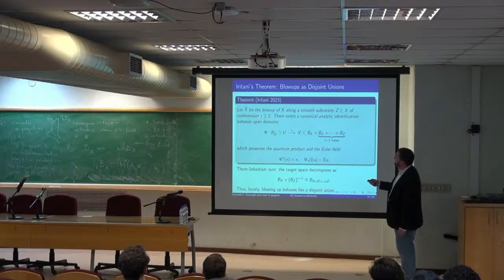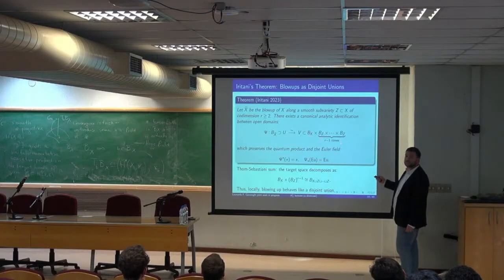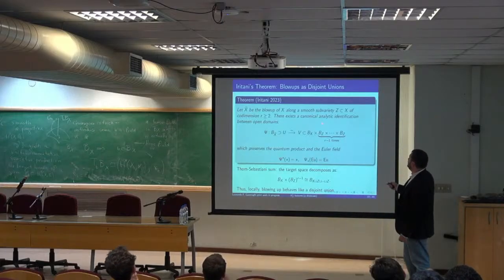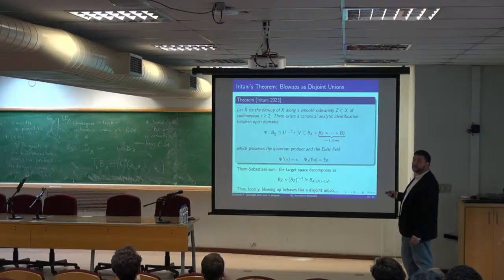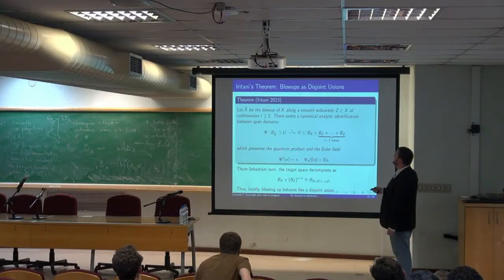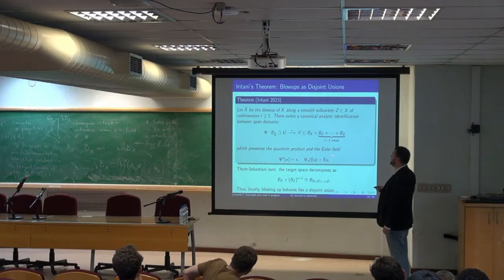So the center has codimension R greater or equal than 2, you just add R minus 1 copies of this. And Vitali's theorem in this language says that you can actually find some open domains inside of this A model manifold in a way that it will preserve the quantum product and the Euler vector field.